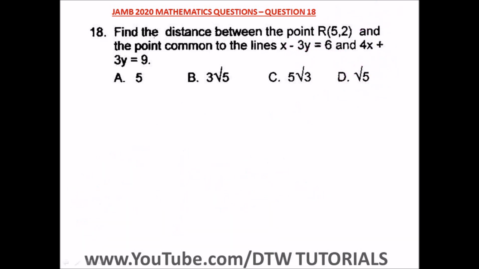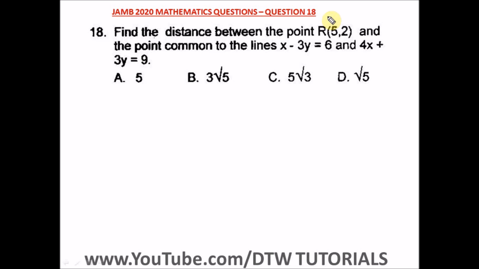So let me take this off. And now we are in question number 18 of the JAMB Maths 2021 past question. So you say find the distance between the point R, which has coordinate 5, 2, and the point common to the lines x minus 3y equals 6 and 4x plus 3y equals 9.